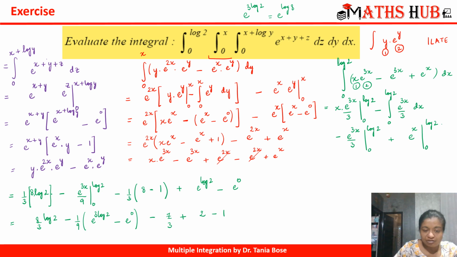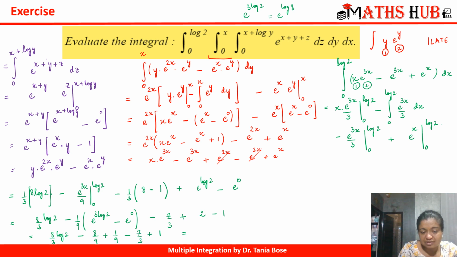Finally, we get 8 by 3 log 2 minus e to the power 3 log 2, which is e to the power log 8, which is 8 by 9, minus minus plus 1 by 9 minus 7 by 3 plus 1.